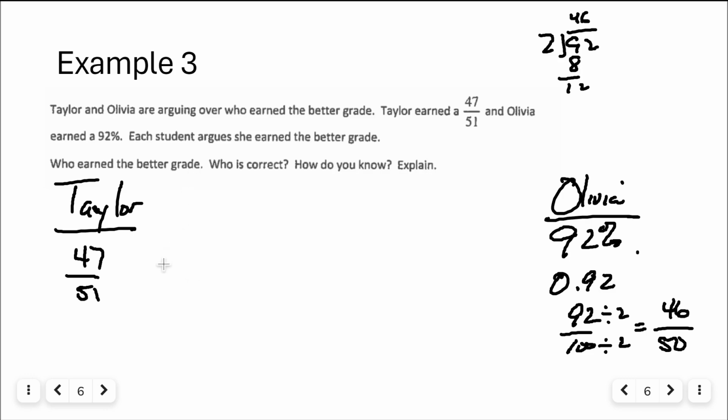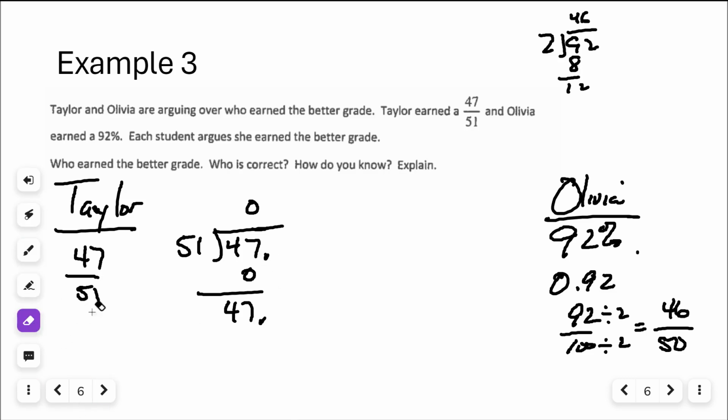So I think the easiest way to do this is to take the 47 out of 51, and then we're going to divide them. So we're going to do 51 into 47. We're going to make this a decimal. So 51 goes into 4, no, it doesn't go in. So that's 47. Need the decimal there.